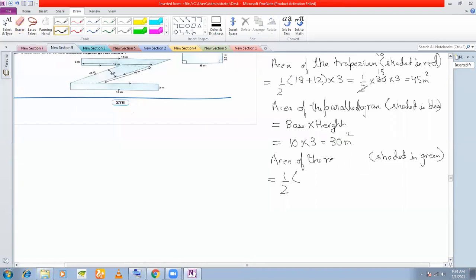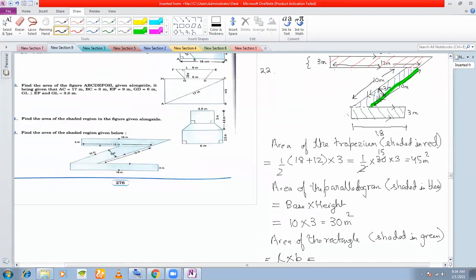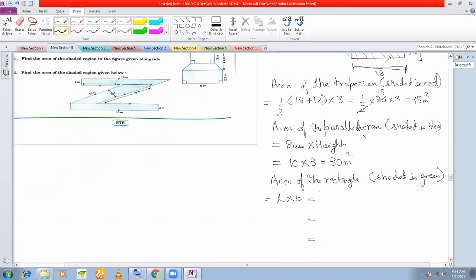The area of a rectangle is equal to length into breadth. Length is 18, this length, and breadth is 3. So 18 into 3, 54. 54 meters square.